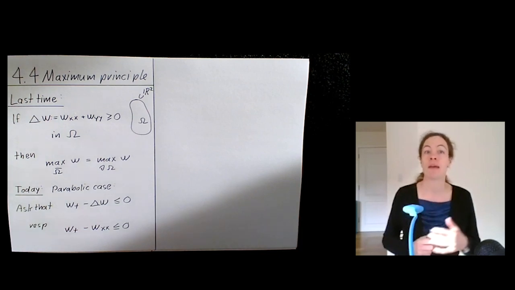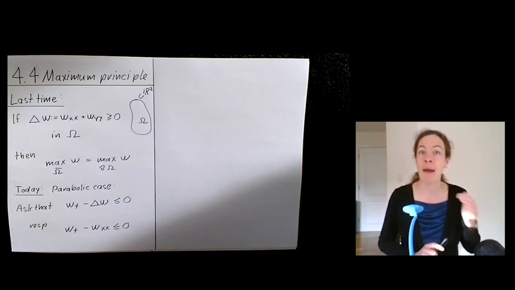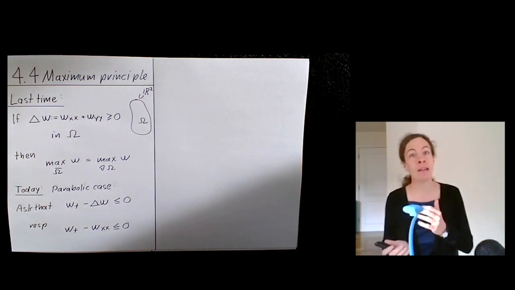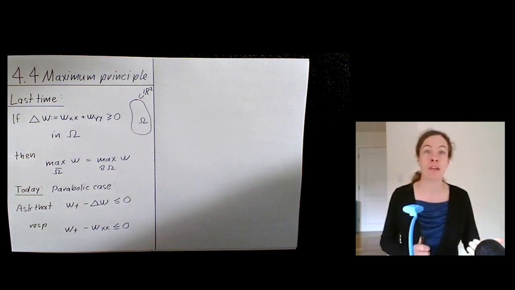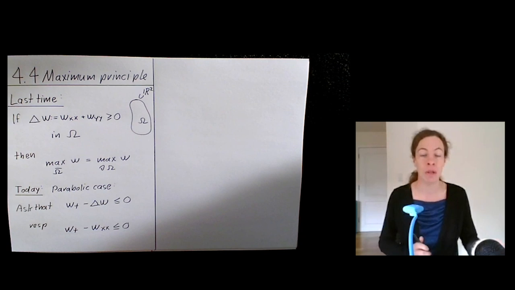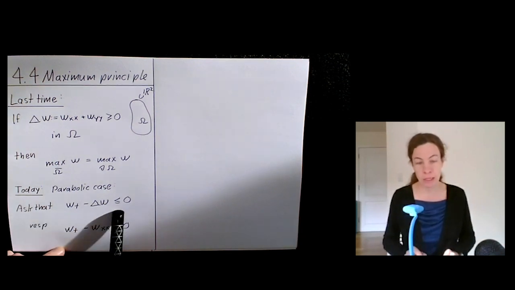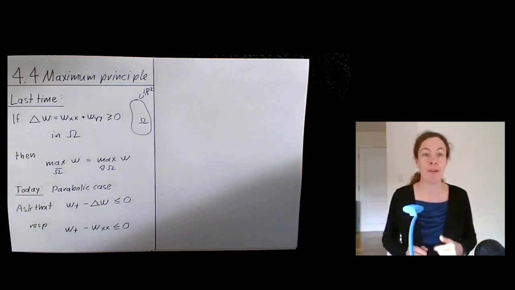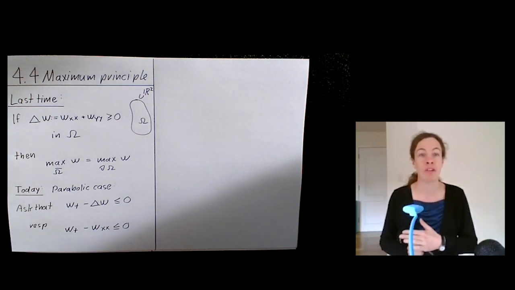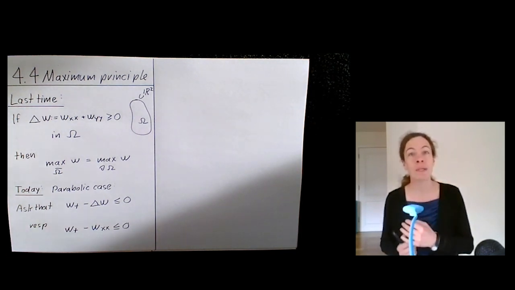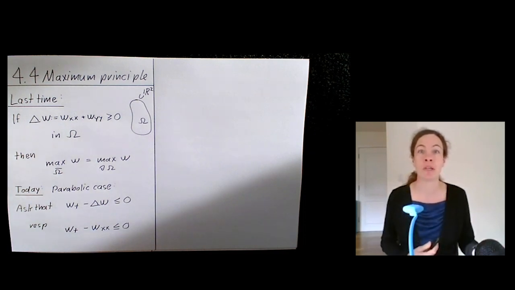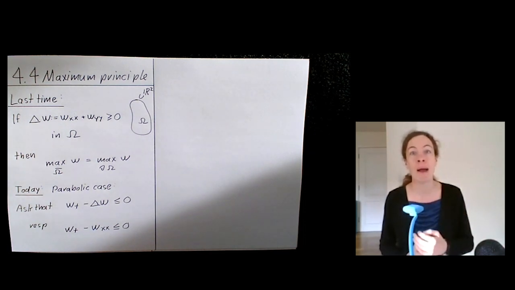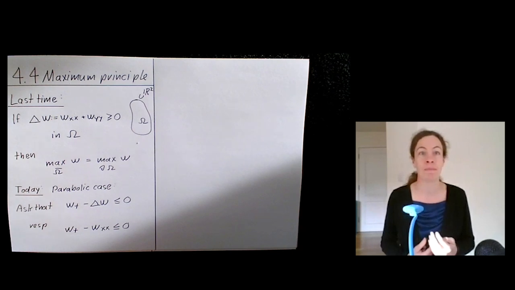But for situations that involve the heat operator, everything works out, and we're again going to see that just the condition on the sign of the heat operator, here we're going to ask for wt minus Laplacian w less than or equal to 0. Respectively, if you just have one spatial dimension, that just reads as wt minus wxx less than or equal to 0. Then you're guaranteed that the maximum of your function is controlled in terms of the maximum value of your data.